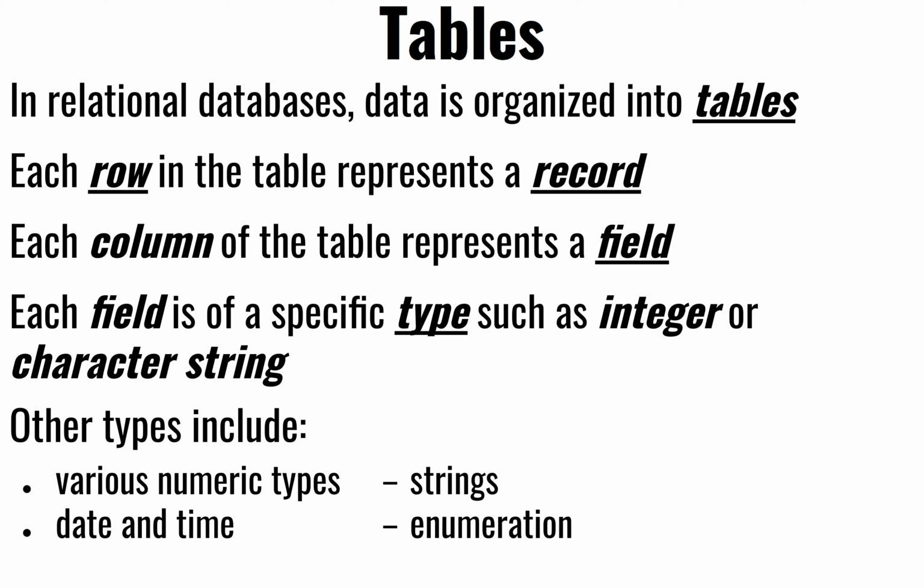So we're all students, we all have first names, we all have last names, we all have social security numbers because at some point you're going to be paying taxes. Each one of those fields will have a specific data type, whether it's a date, number, string, and all sorts of different constraints. And so we all live in the same table.